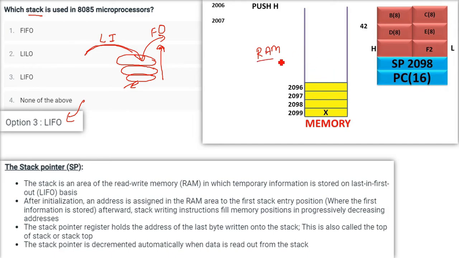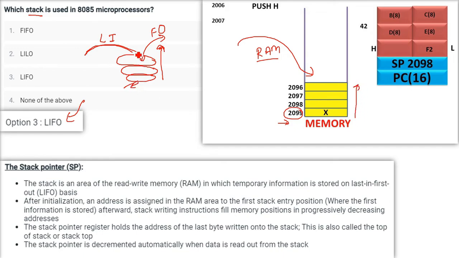Once you initialize, that is, an address is assigned in the RAM area to the first stack entry position, for example 2099, it then progressively decreases. Please remember, as the stack grows, the address decreases.